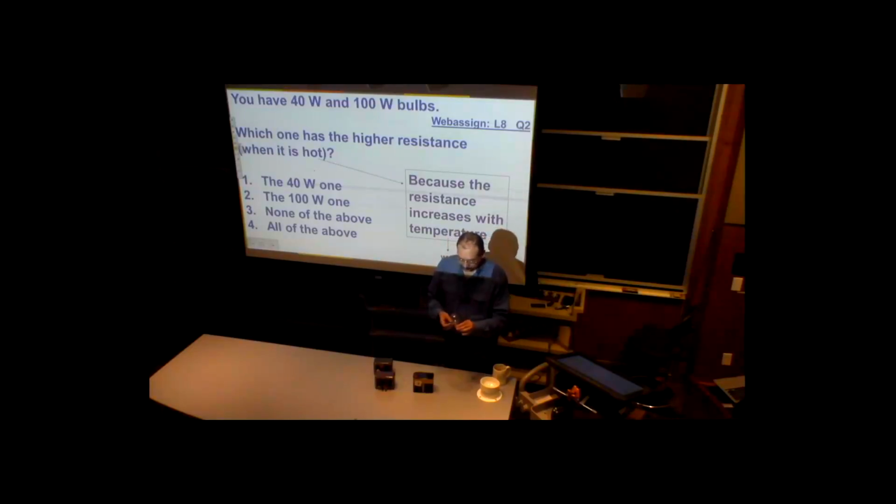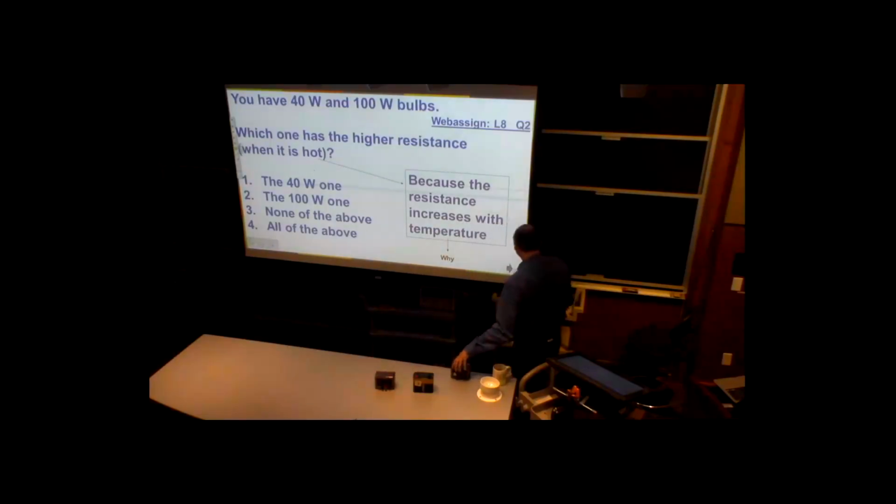And it doesn't tell you that you cannot plug in any other devices in your room. No, it doesn't say that because it doesn't care, because it's an internal property of the bulb. So you can calculate the resistance of this bulb, and it will remain no matter what until you break it.